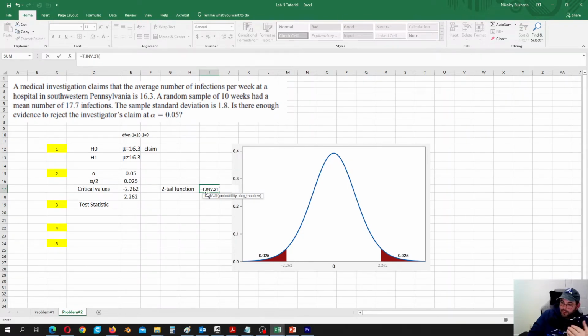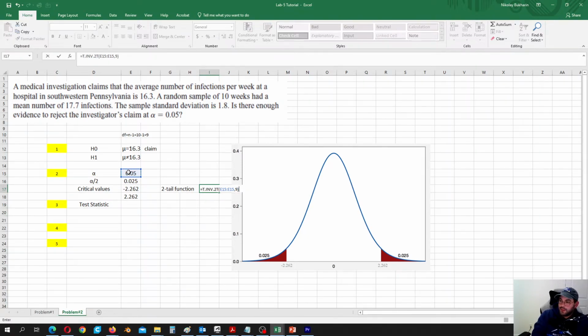The whole idea of the two-tail function is to take 0.05, your significance level, and do the proper procedure for a two-tail test, dividing it by 2 and calculating the inverted function. So in this case it is 0.05, and the degrees of freedom are 9.